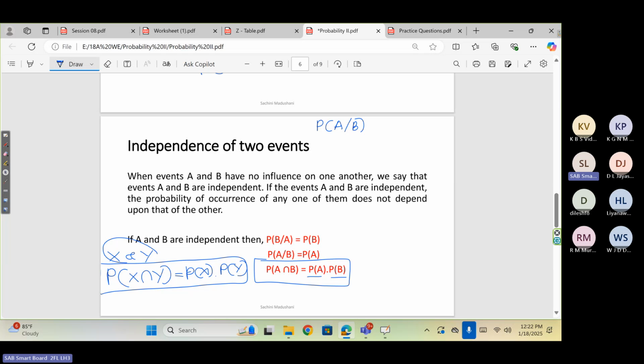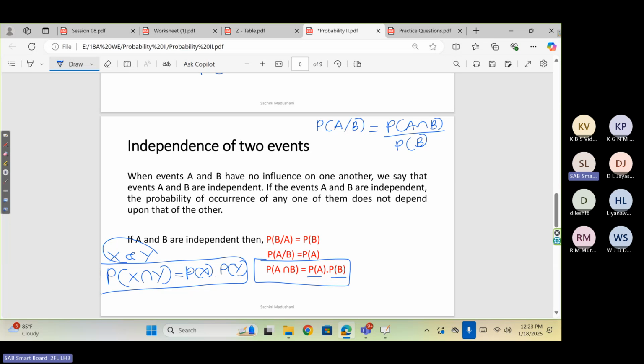B. The second event is A. Then how do we find the answer here? A intersection B divided by the probability of the first event. This is the normal formula we can use to find the conditional probability.